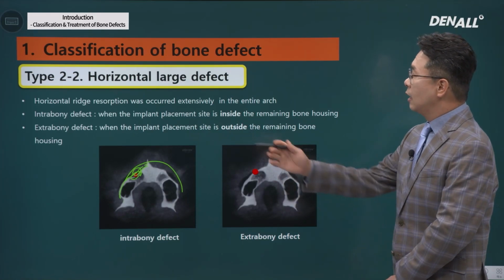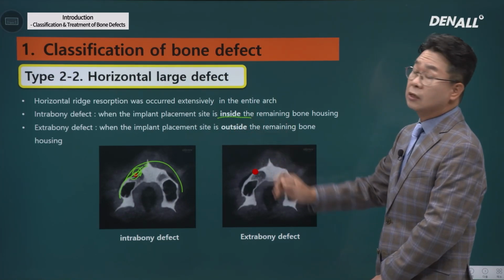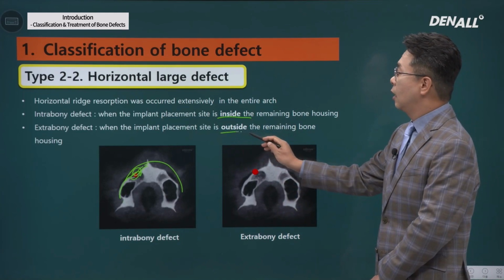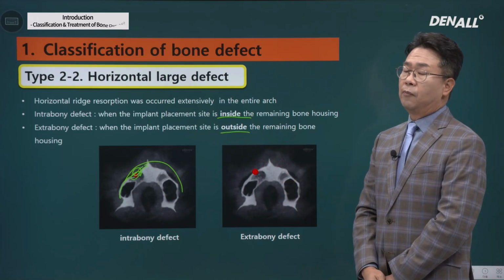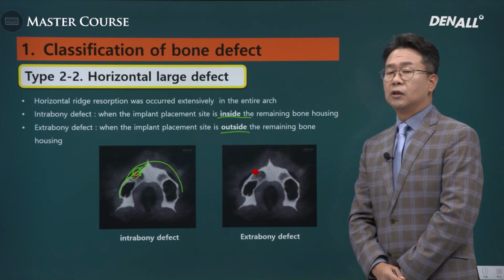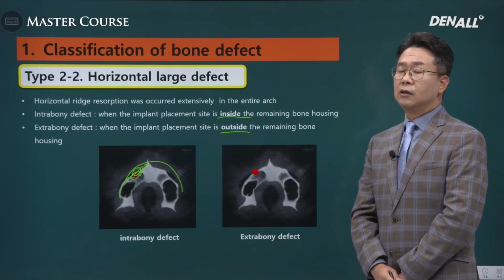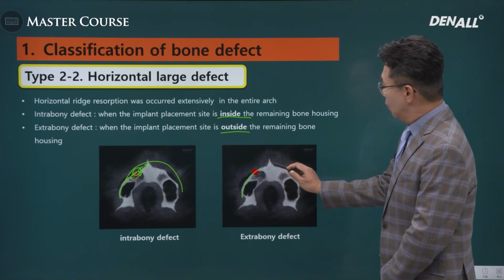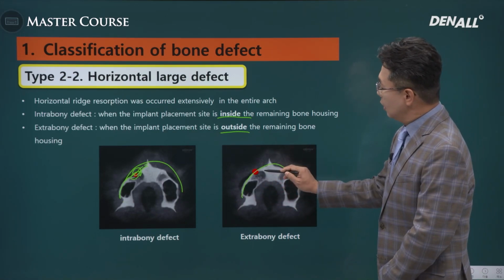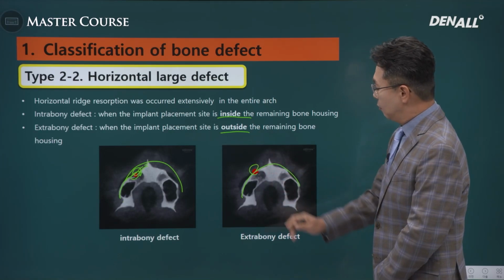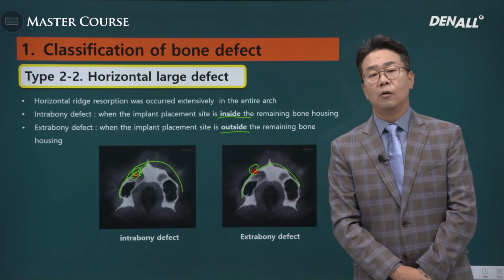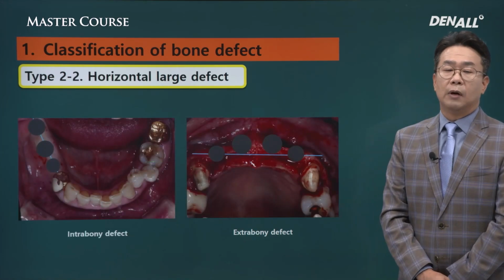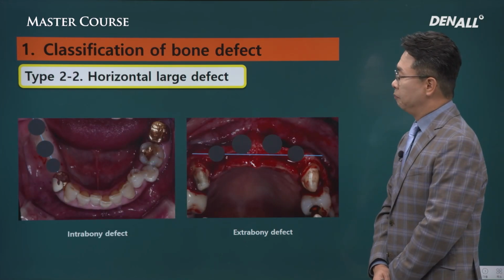You can also mark it as inside or outside. Your choice of terminology may vary depending on your preference. If the arc is like this, and if the implant placement position is outside the arc, it is extrabony defect.